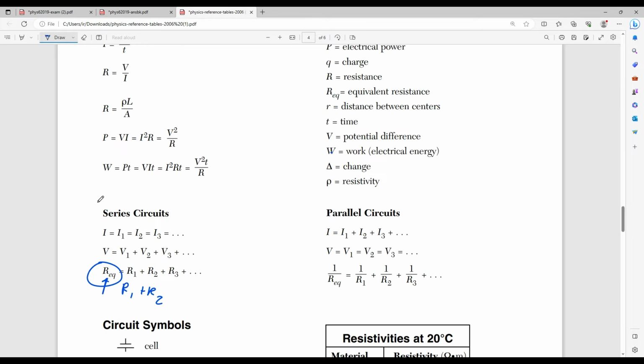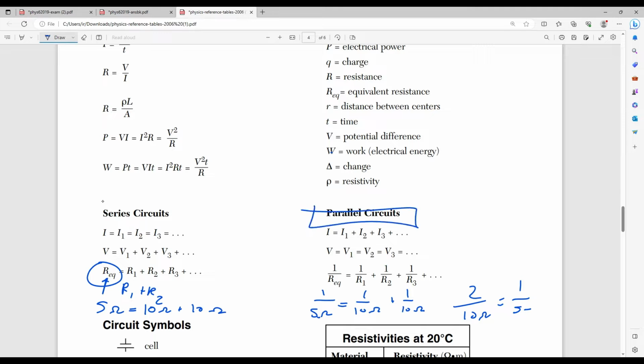So is 5 ohms equal to 10 ohms plus 10 ohms? No, that's wrong. 5 ohms isn't equal to 20 ohms, so it has to be a parallel circuit. Is 1 over 5 ohms equal to 1 over 10 ohms plus 1 over 10 ohms? If we solve for that, yes, that's going to be 2 over 10 ohms, which is equal to 1 over 5 ohms. So I know this is going to be a parallel circuit.